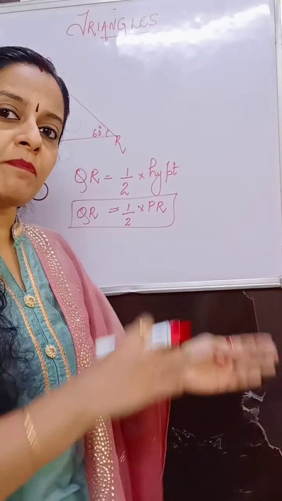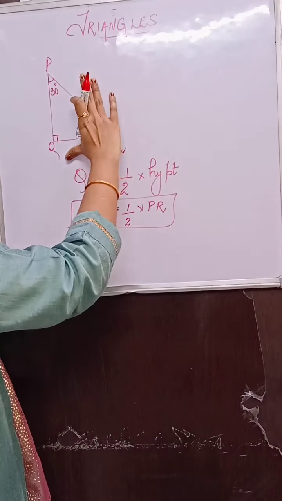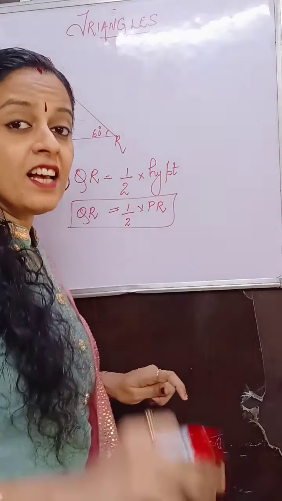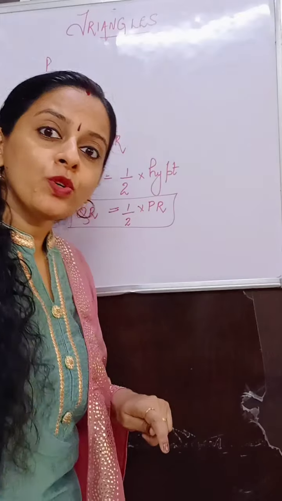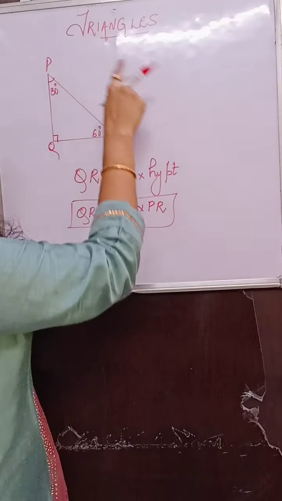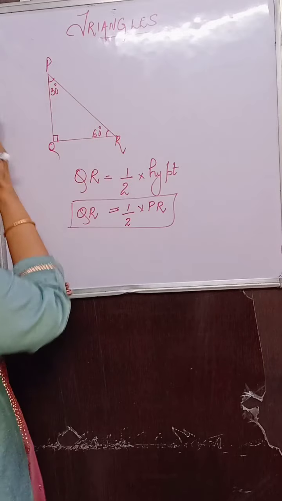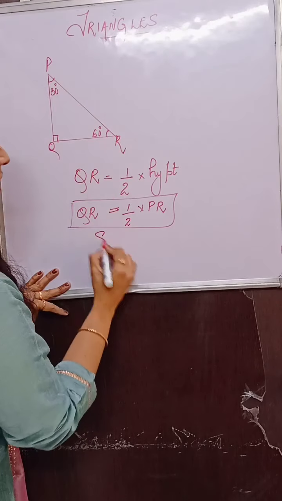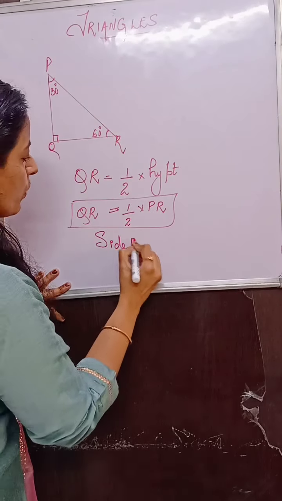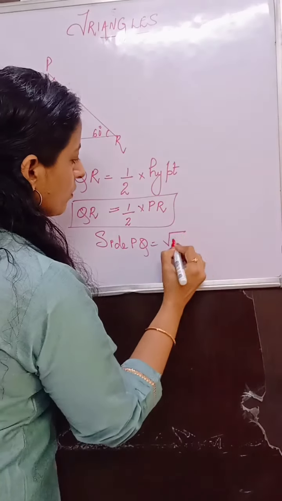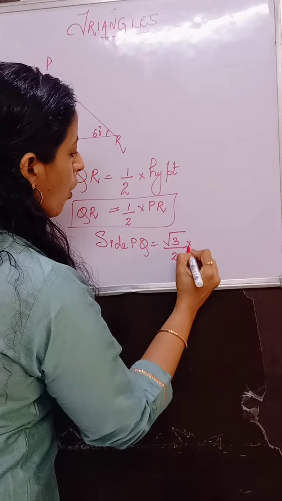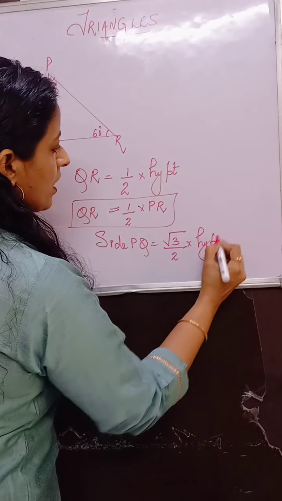What is given in part 2? If you have a 30, 60, 90 triangle, then the side opposite to 60 degrees. Where is 60 degrees? Yes, here. The side opposite to 60 degrees you can see is PQ. Side PQ will be root 3 upon 2 of the hypotenuse.